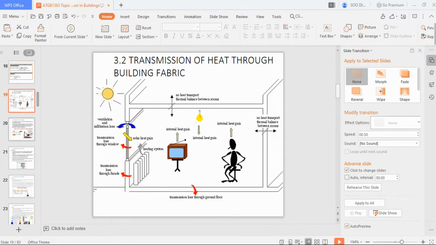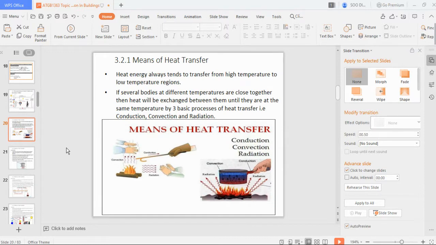So there are three ways of heat transfer. You have to get this fact into your head that heat energy always tends to transfer from high temperature to low temperature regions. There are three methods of transfer: conduction, convection, or radiation.